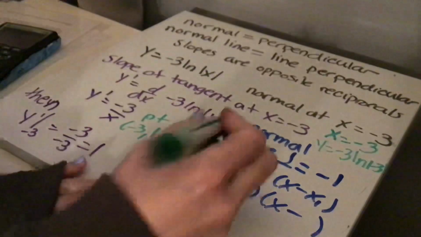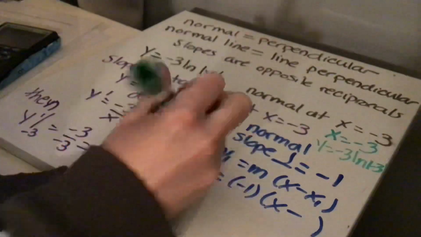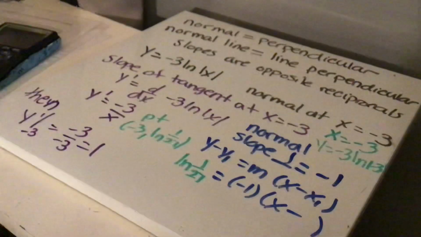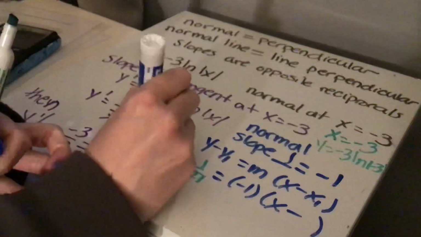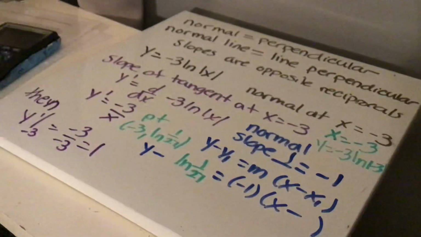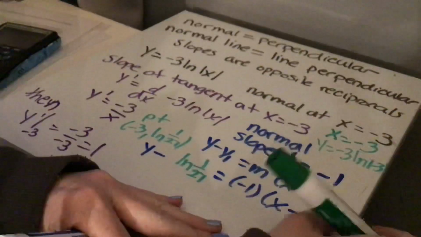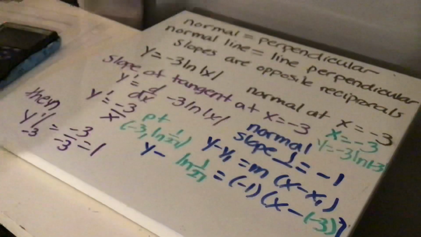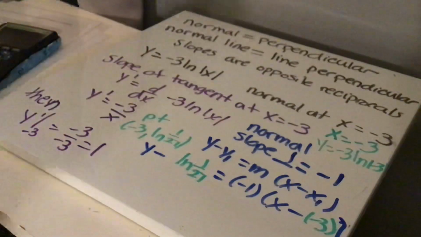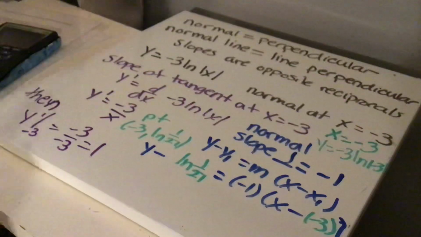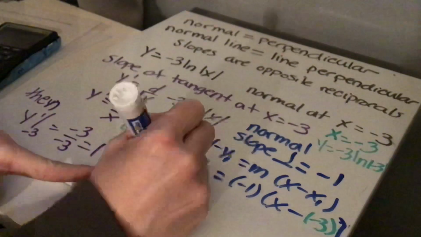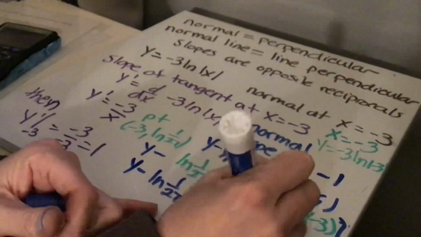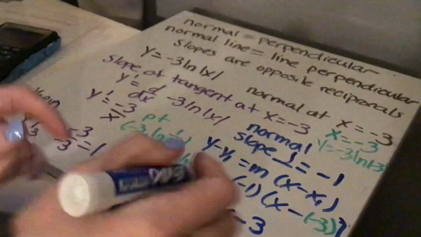So we get y minus the natural log of 1 over 27, just using properties of logs to simplify that, equals -1 times x minus -3. Then just simplify. I'm fine with you leaving it in terms of natural log. So y minus natural log of 1 over 27 equals -x minus 3, and then solve for y.